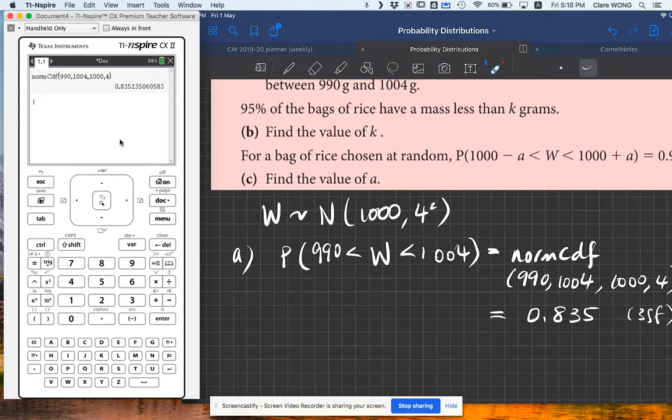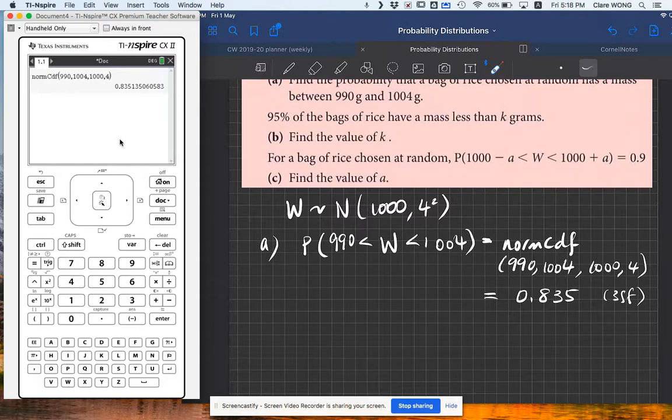Next, 95% of the bags of rice have a mass less than K grams. So what does that mean? Now, I mentioned before, it is best to do a sketch. If we do a sketch here, we will have the mean at 1,000. 990 is about here, 1,004 about that.